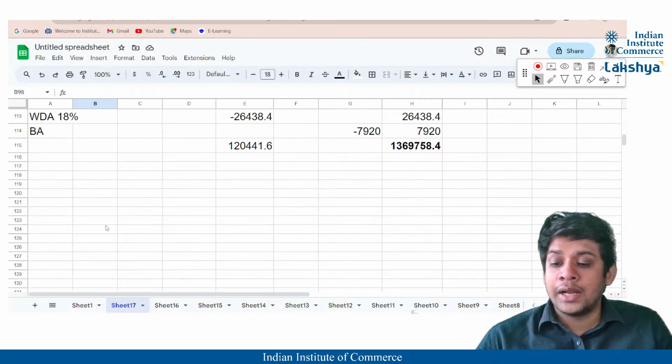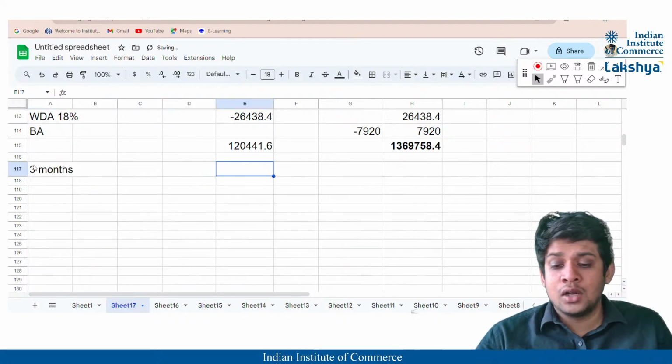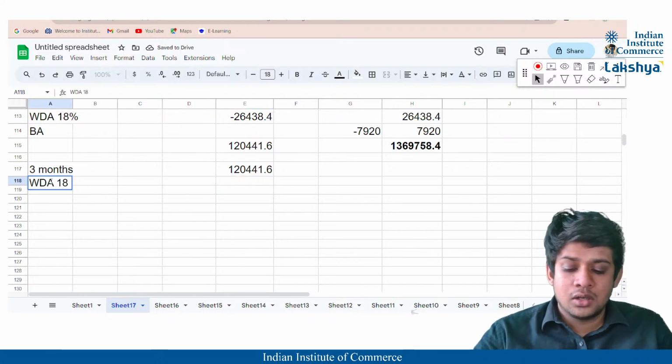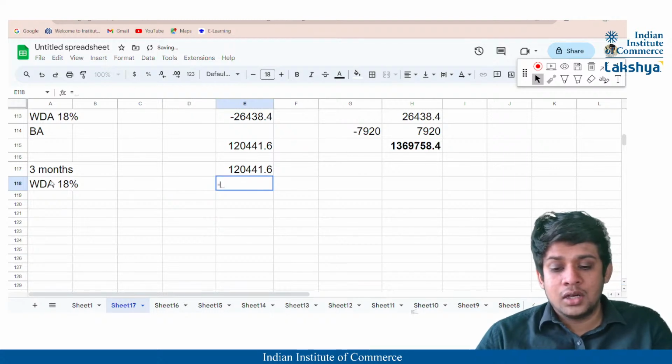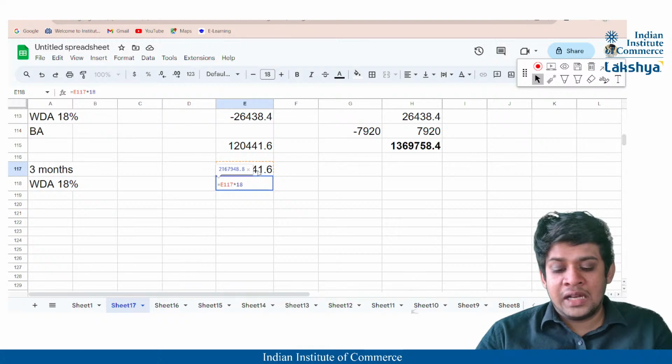Okay, so these are the total allowances that I have got for the year ended 31st December 2022. Right now, for the 3 months period, I have purchased nothing during the 3 months period. So whatever is the balance on my main pool, I'll take directly, and obviously I'll give WDA on it at 18%. That will be the only allowance for that period. But guys, always remember the WDA of 18% is going to be time apportioned, because it is just a 3 month period, correct? So it will be 3 divided by 12.